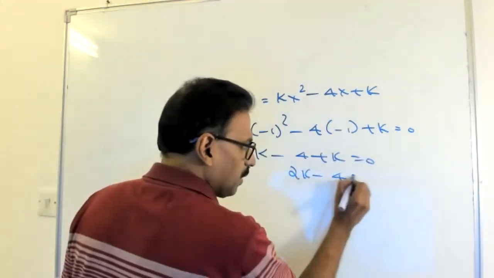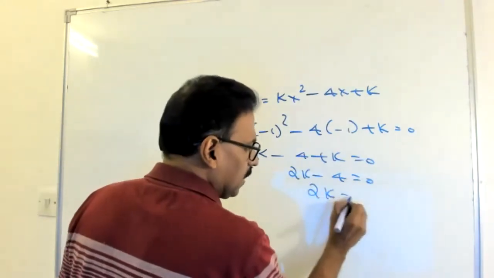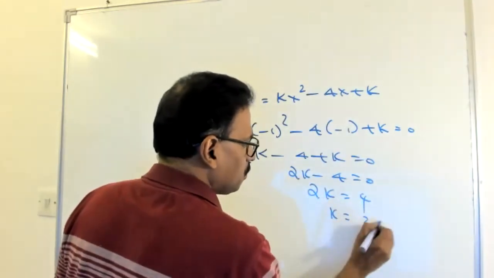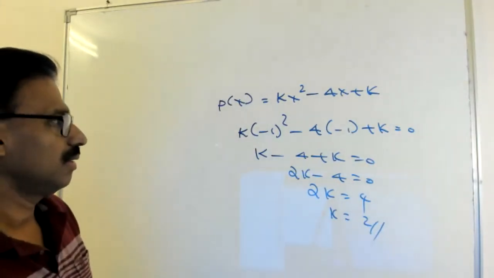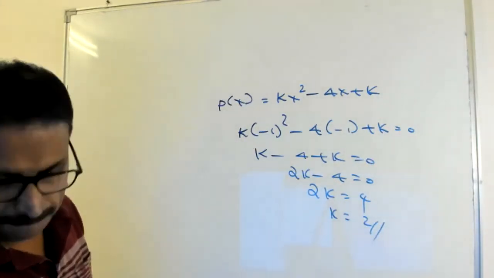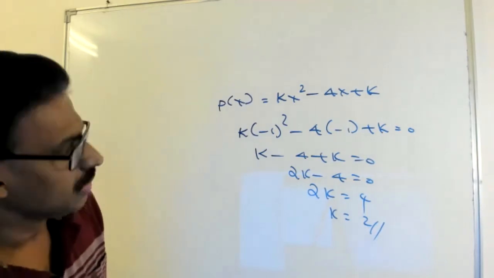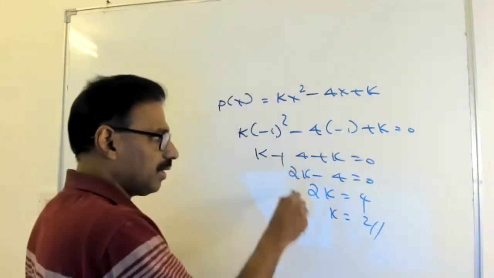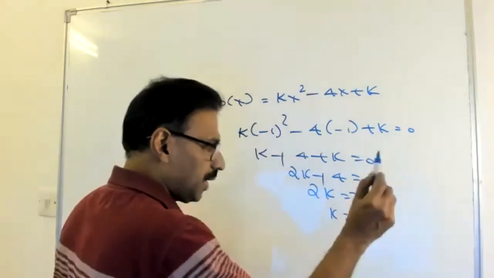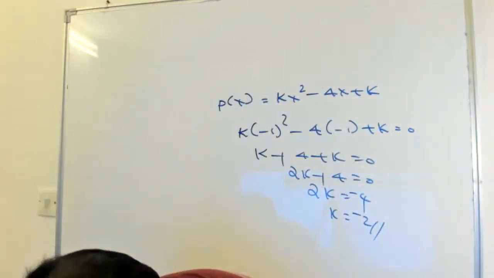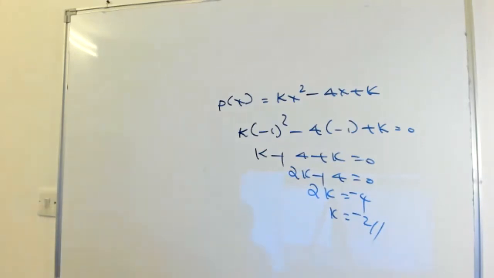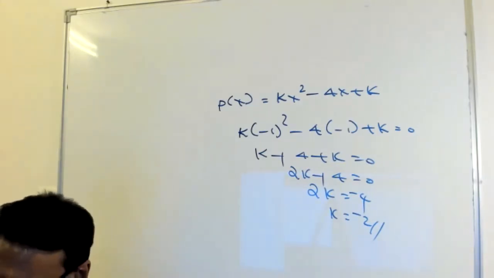Sir, it should be plus 4, right? Because minus into minus is plus. Okay, yeah, you're right. 2k plus 4 equal to 0, so 2k equal to -4, k equal to -2. Correct or no? So copy first. Yes, sir.